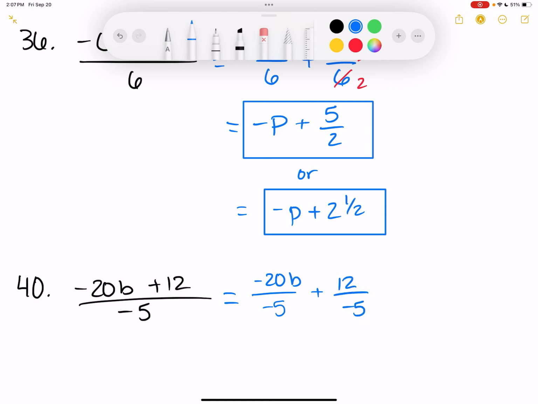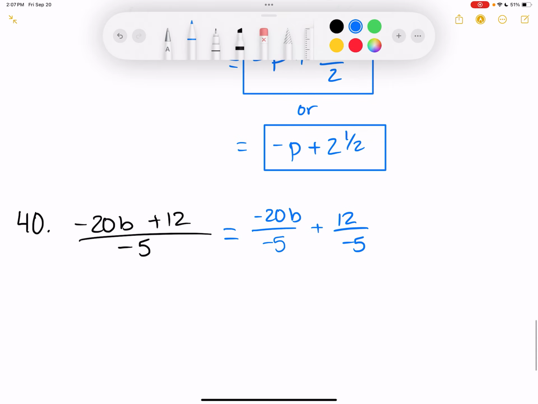You just have to make sure you watch your signs with these. What do I get with this first part when I reduce it? 4b. What about this part? Negative 2 and 2 over 5. I can either leave it as negative 12 over 5, or say 4b minus 2 and 2 over 5. I don't care which way you write it.